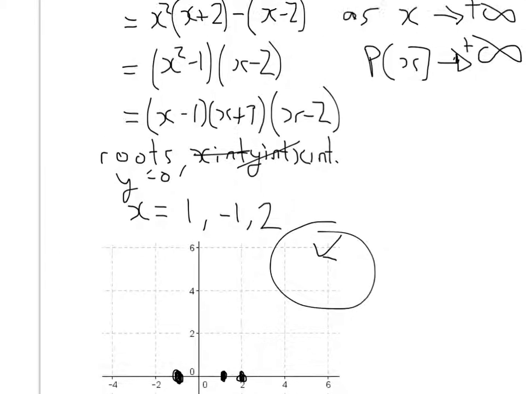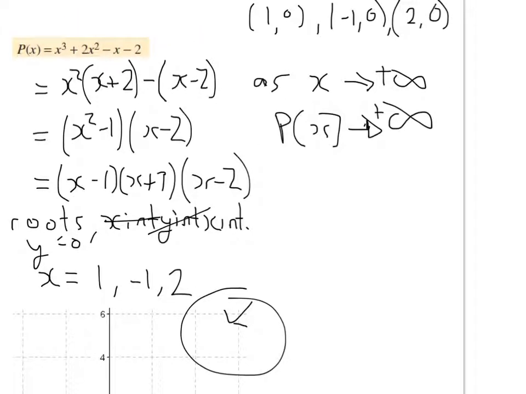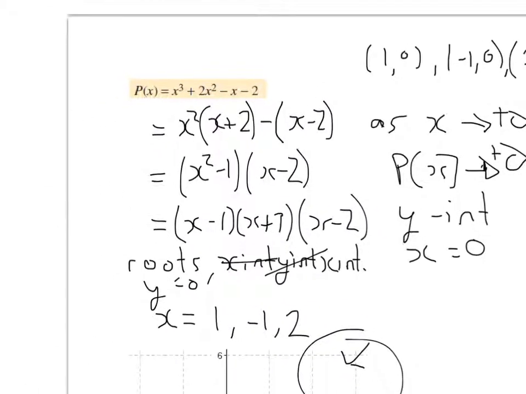Alright, I'm going to go back over here because I need to do one little more piece of work. I need to find the y-intercept. Now the y-intercept occurs when x is at 0, and if I go and have a look at my graph, if x is 0, x cubed is 0, 2x squared is 0, minus x is 0, and all that's left is the minus 2.